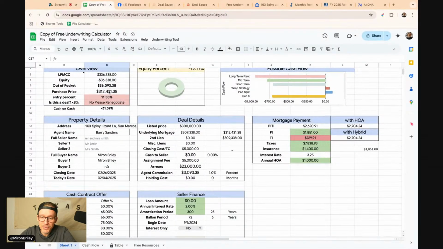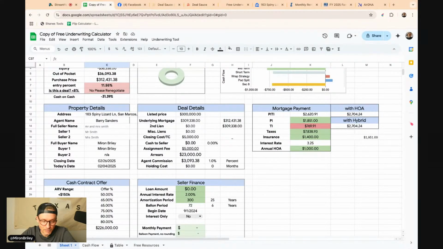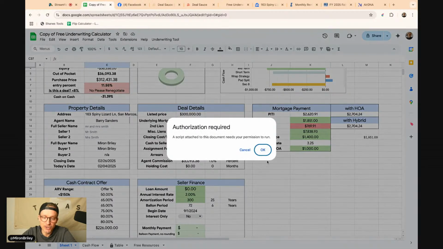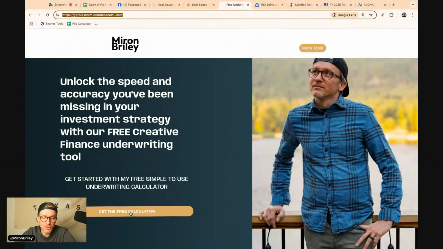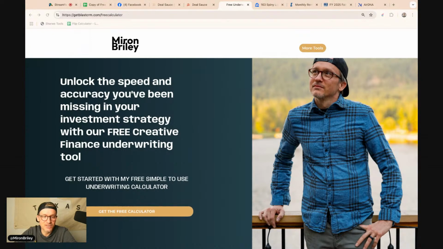So I built this because I'll be honest with you guys, I did build this as a contract generator. So if you want to upgrade to a contract generator, when you ask for the free calculator, let me see if I can get this for you instead of stumbling all over the place.